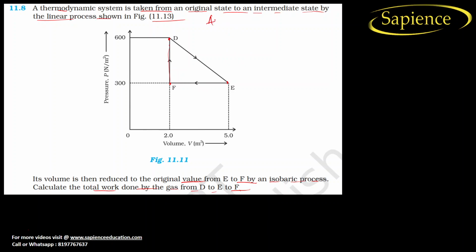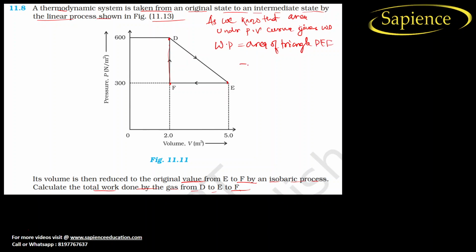As we know, the area under the PV curve gives you work done. So the work done here is equal to the area of triangle DEF.